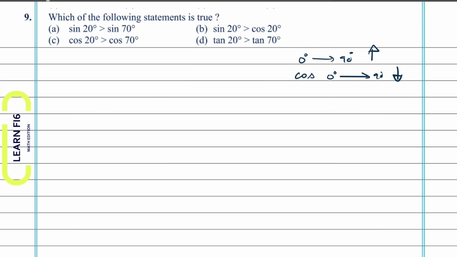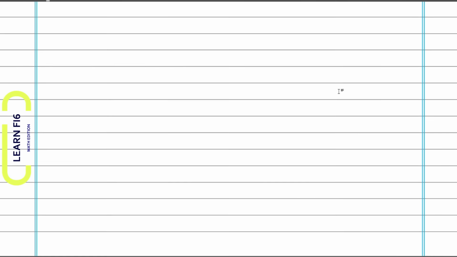Based on this, the cos 20 value is higher than cos 70, because the cos 0 value is 1 and cos 90 value is 0. As the value of the angle increases, the cos of the angle always decreases, so cos 20 is higher than cos 70. Option C.